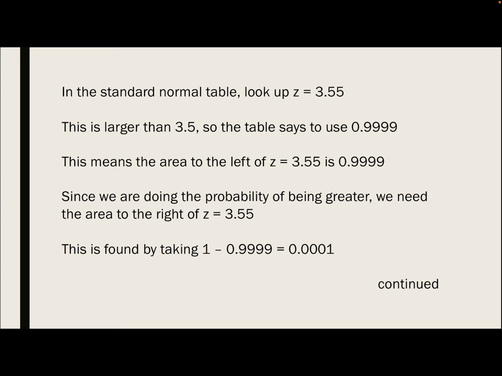In the standard normal table, look up 3.55 for z. This is larger than 3.5, so the table says use 0.9999. That means the area to the left is 0.9999. Since we're doing the area greater, we need the area to the right. So 1 minus 0.9999.